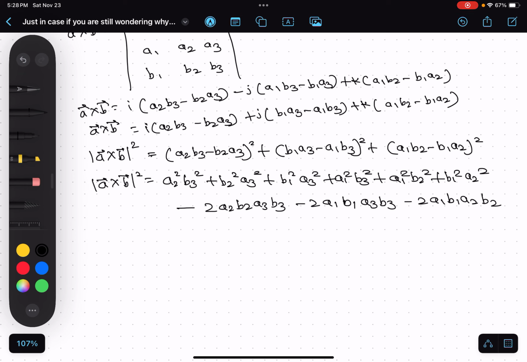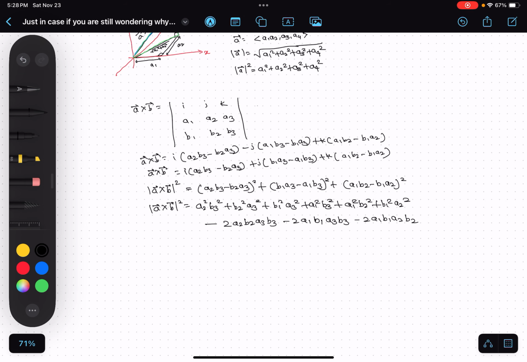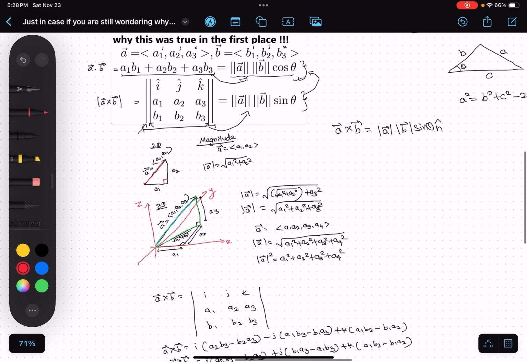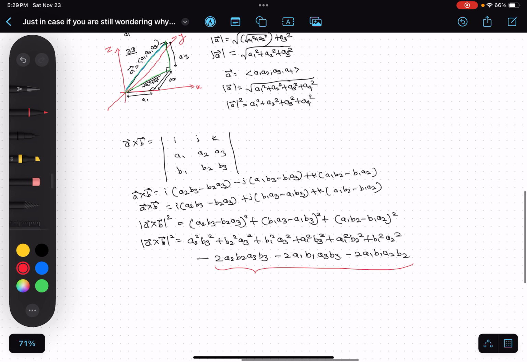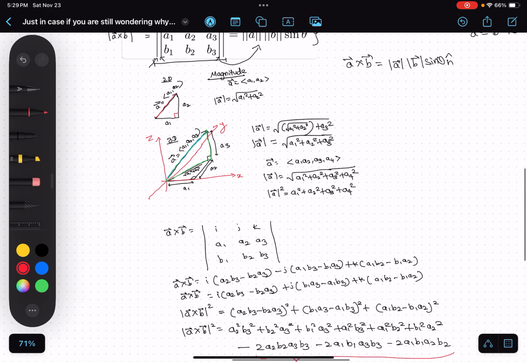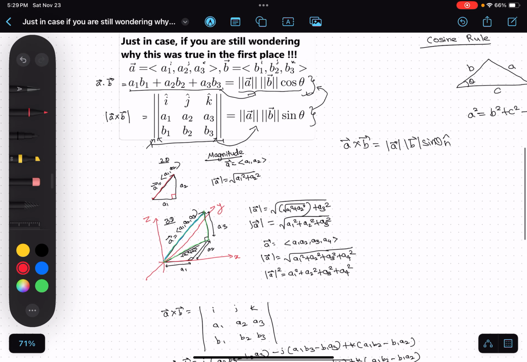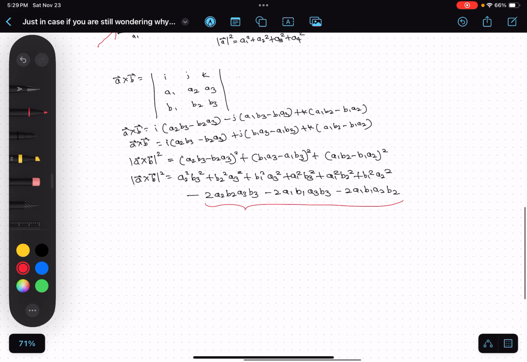Now over here, these negative 2ab terms, we want to simplify this expression. If you want to prove the other thing, we definitely need to simplify this. What I can do is take the dot product and square it as well, and I will definitely get those terms, 2 a1 b1 a2 b2 and 2 a2 b2 a3 b3, which cancel with these, right?